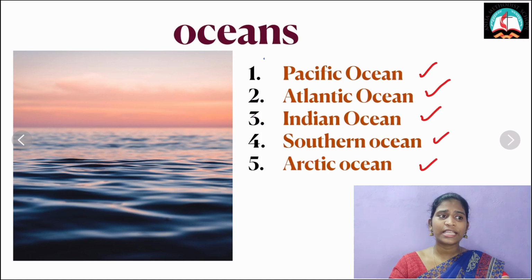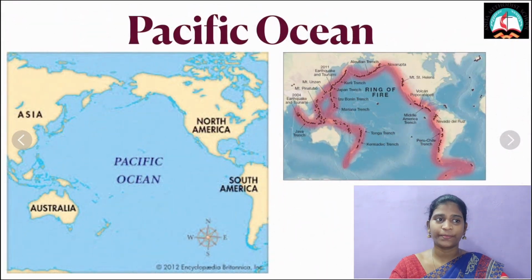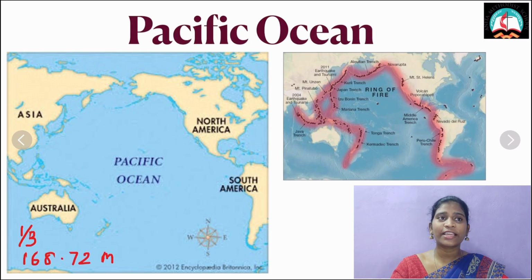The Pacific Ocean is the largest and deepest ocean in the world. It covers about 1/3 of the Earth's total area and spreads for about 168.72 million square kilometers.